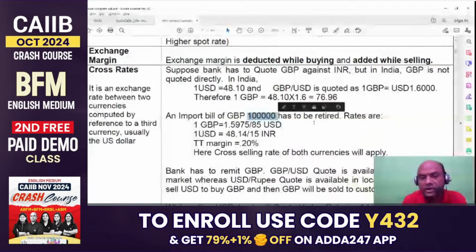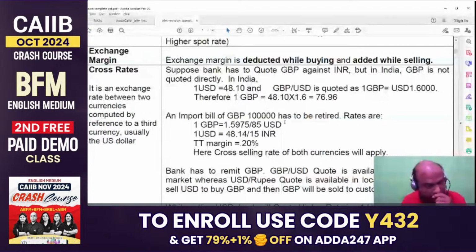In that case, what rates will you apply? Everyone try this now. How will you solve this problem? Try it yourself. I'll also show you how to solve this.